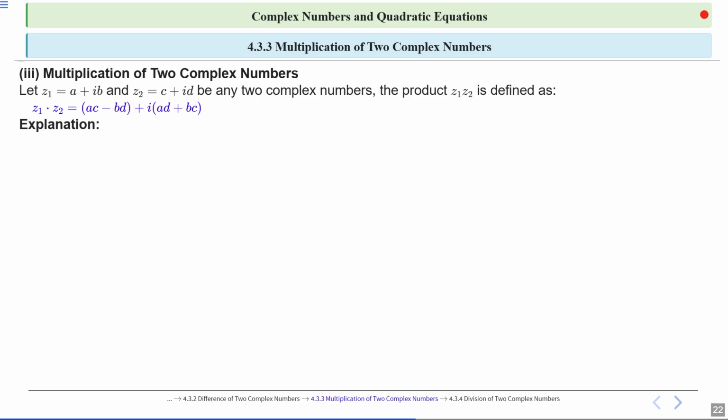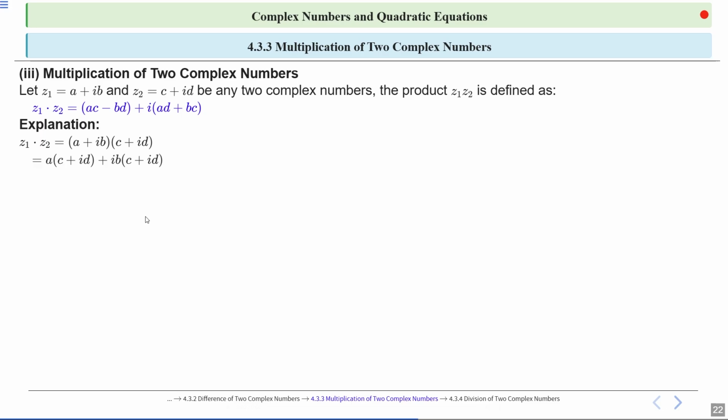So now let's break down how this formula comes out. So we will go through the multiplication step by step so you can see where each part of the result comes from. So z1 times z2 equals a plus iota times b times c plus iota times d.